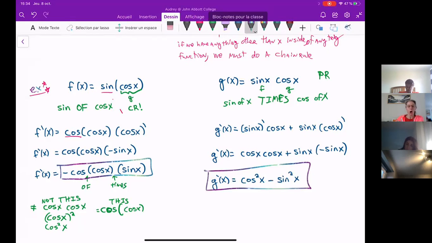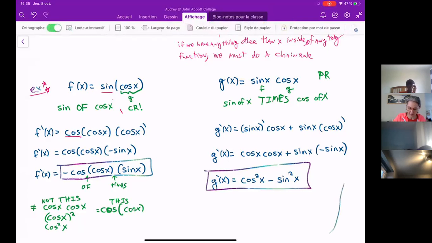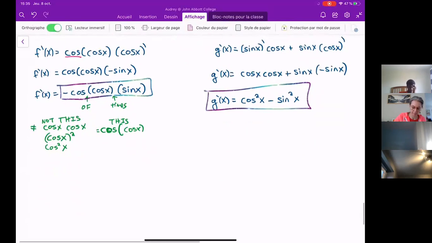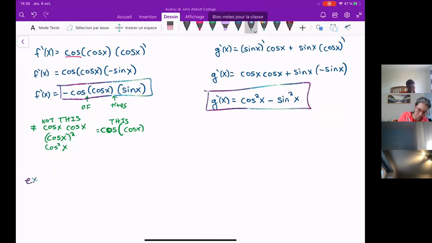All right. Are you guys ready to do more trig derivatives with the chain rule inside the trig? It's intense. It gets crazy. So I'm just going to start over.